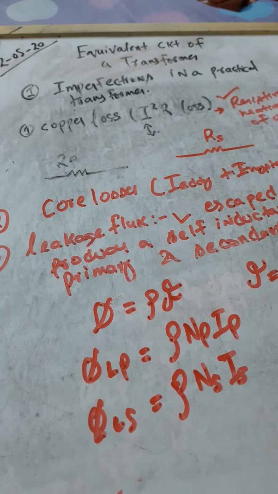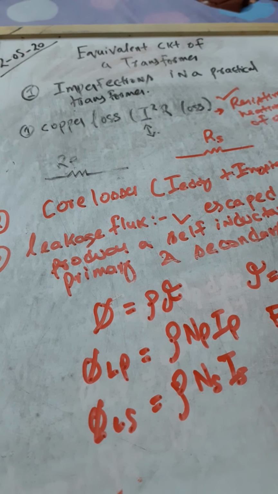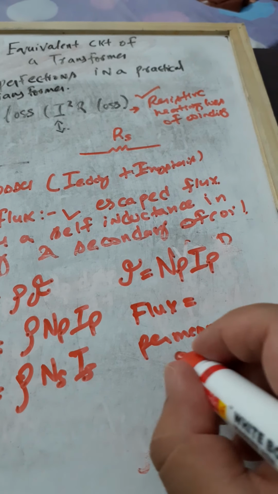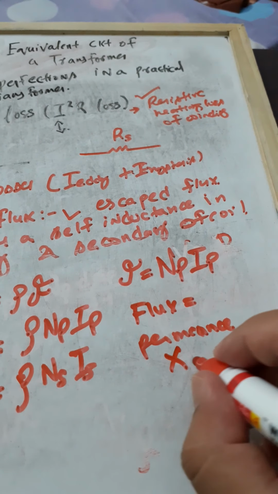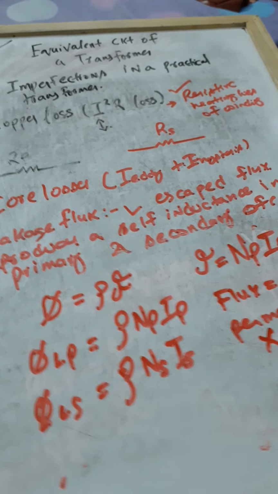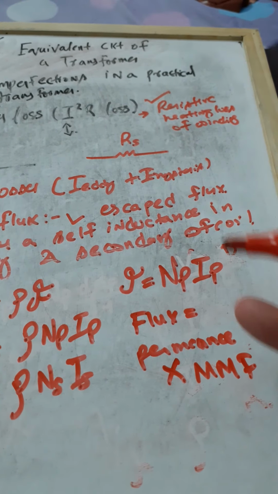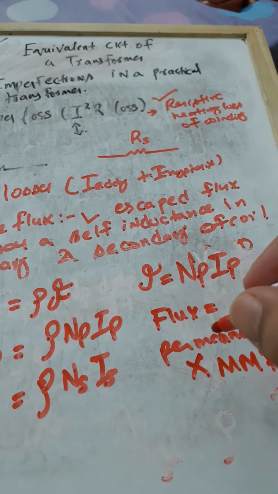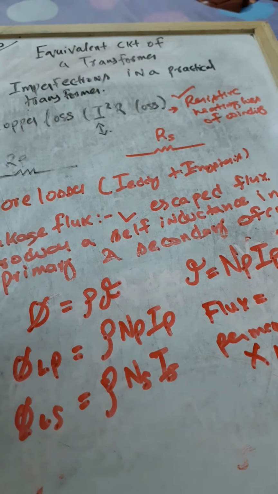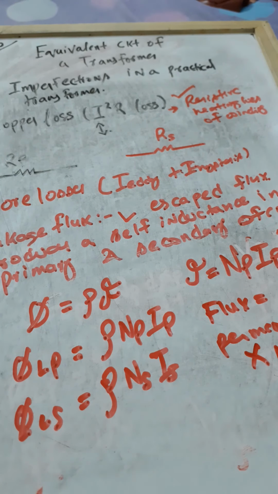I'll write down flux is equal to permeance into my MMF, that I am representing here. So now I have these equations.